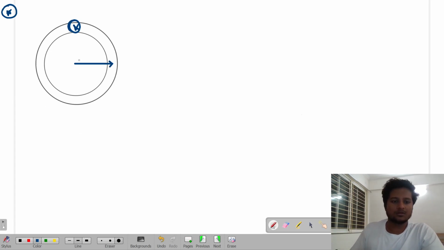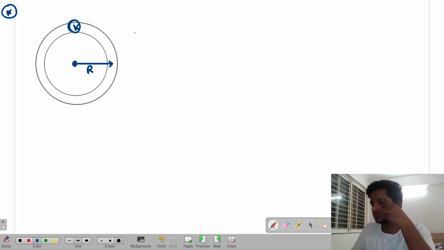The ring has mass m and radius of the ring is r. Got it?